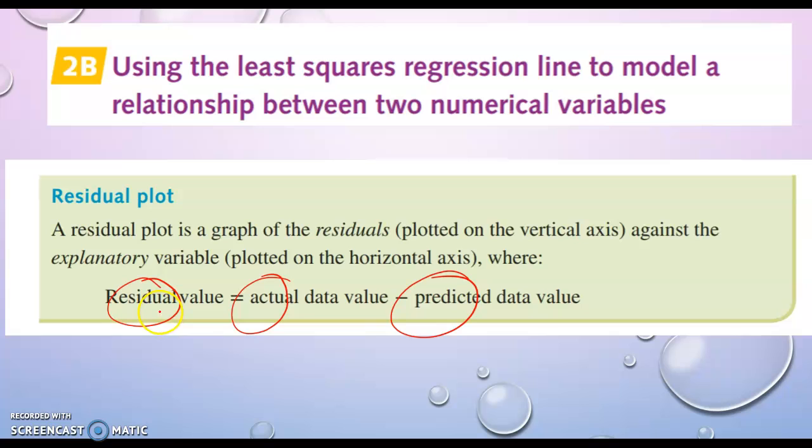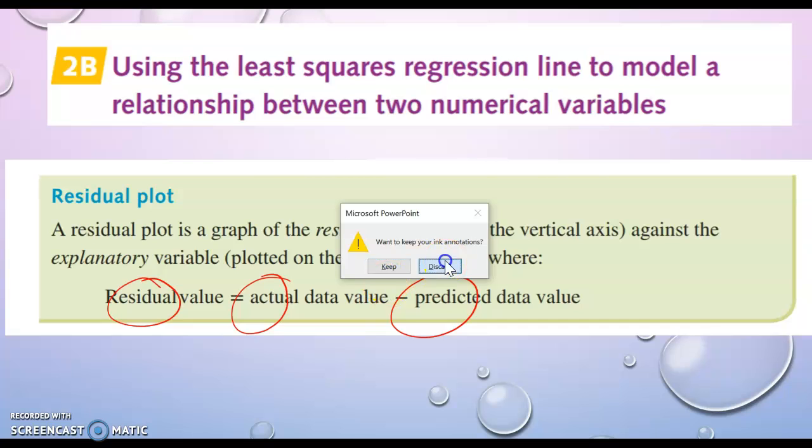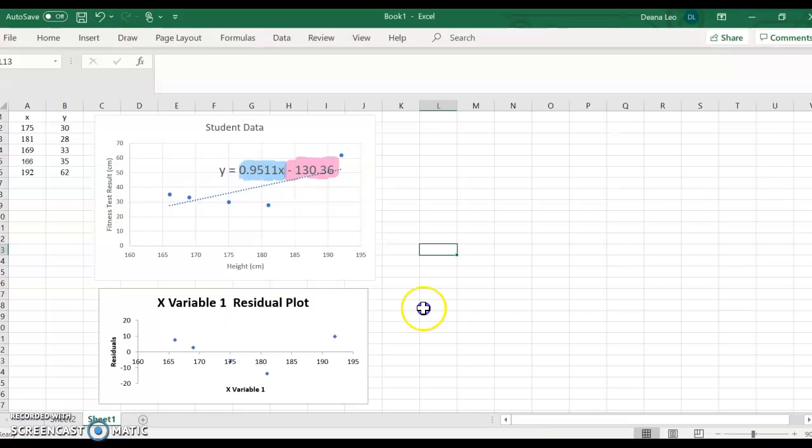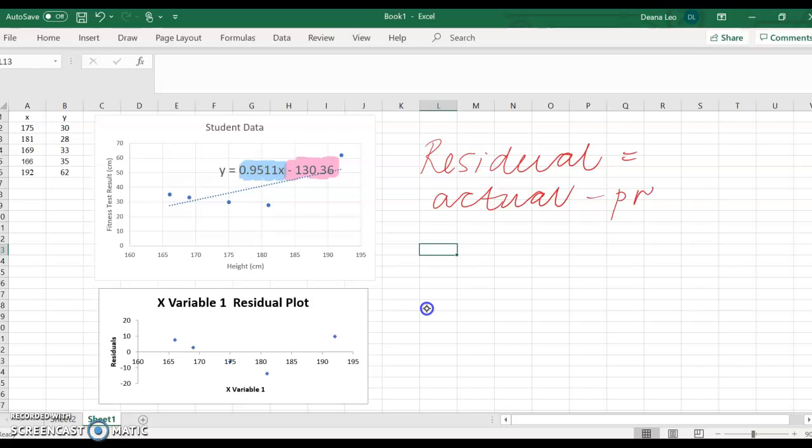So the residual value, residual equals actual, take away, predicted. So over here we'll just write it down that our residual equals actual, take away, predicted.